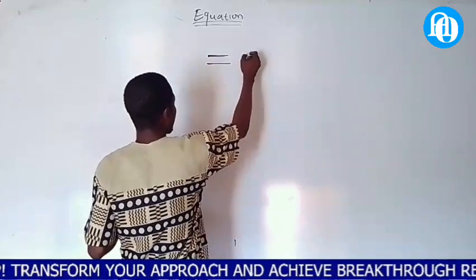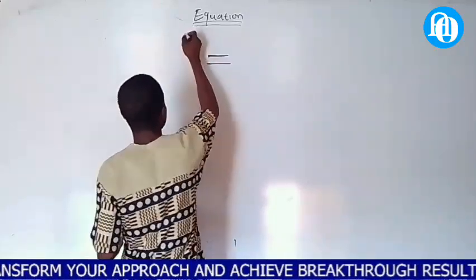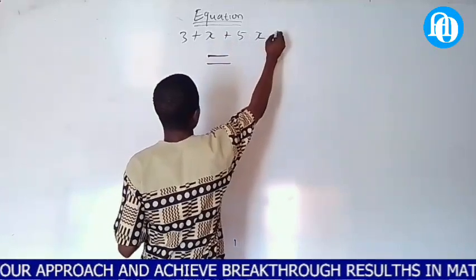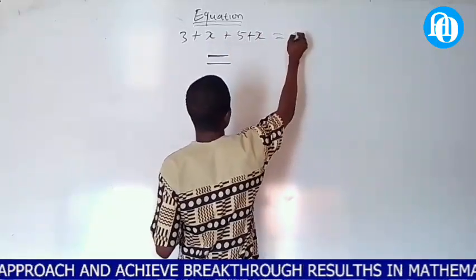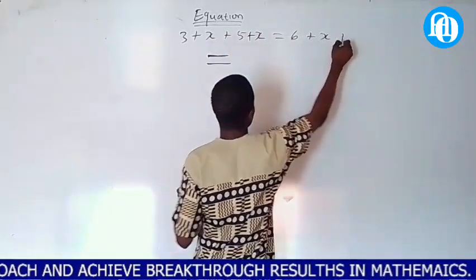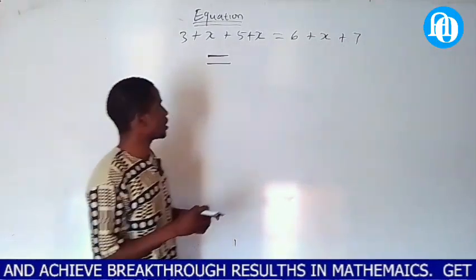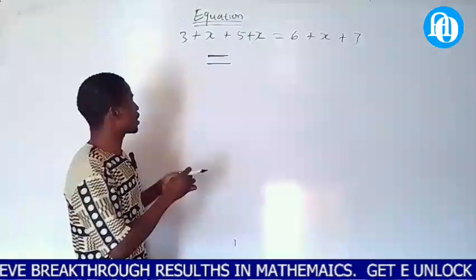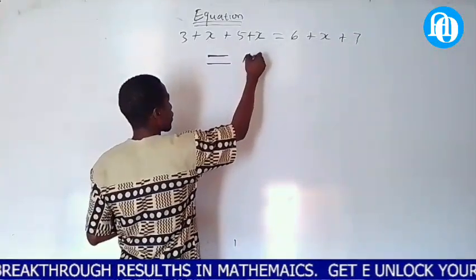Let us say number. If I see here, 3 plus x plus 5 plus x equal to 6 plus x plus 7. Look at this. Equation means separating all these numbers. This place will represent number.